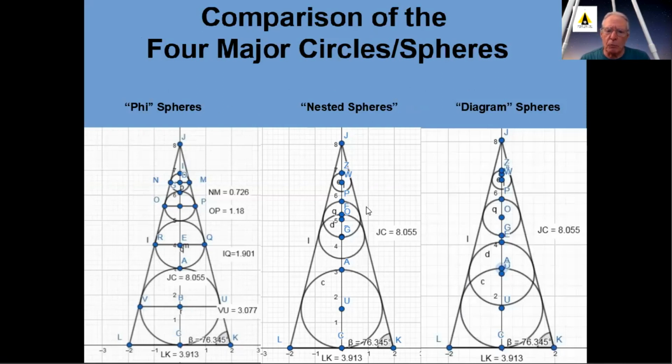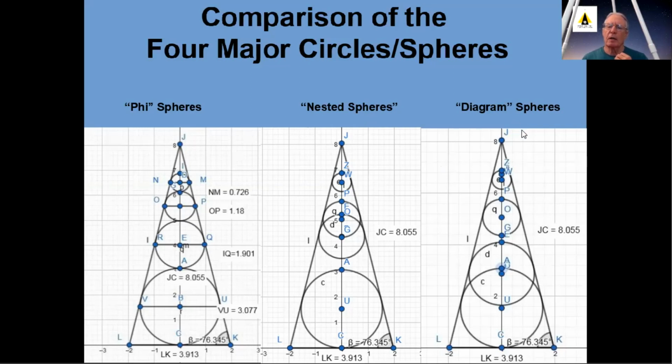Now on the left, again just for reference, this is the Phi sphere geometry that we developed early on with the octahedron base and octave at the top. Now, instead of having the 2 perfect Phi spheres in the middle, which we took out, if you remember in that diagram for the question mark, I've still got them here, but now what we're seeing is those 2 spheres projected out in 3 dimensions for both the nested sphere case and the diagram sphere case.